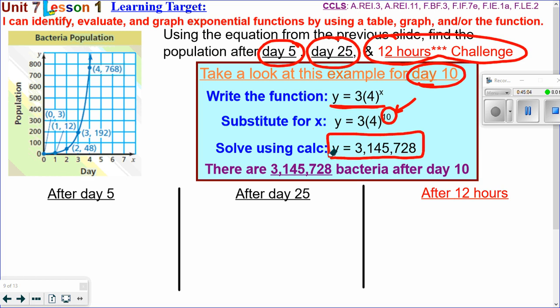There are 3,145,728 bacteria after day 10. We're going to do the same thing for day 5. So I'm just going to start you off and then use your calculator to figure it out. You're getting day 5, day 25, and then after 12 hours. So I'm just going to rewrite it and substitute the 5 in for the days. All right, press pause and do the rest of the problems now.